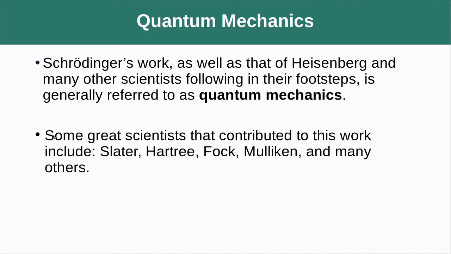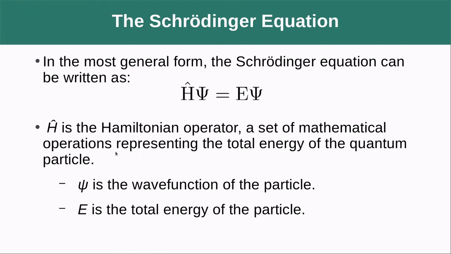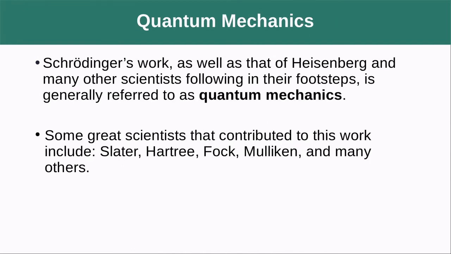Schrodinger's work, as well as that of Heisenberg and many other scientists following in their footsteps, really laid the groundwork for what has become quantum mechanics. Some of the other great scientists that contributed to this work, there was Slater, who really spelled out some of the first functions that properly describe the orbitals of electrons.